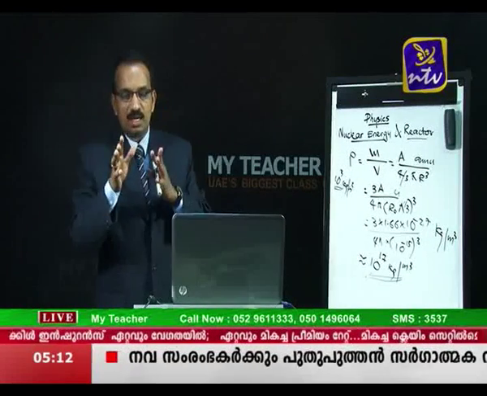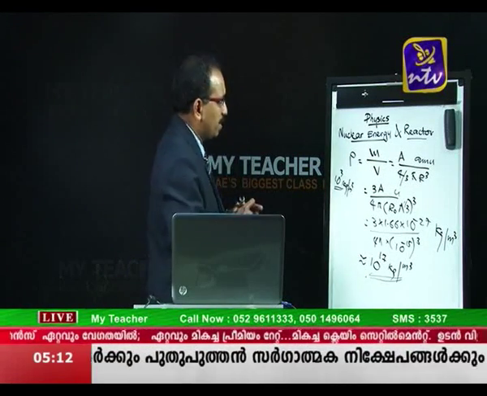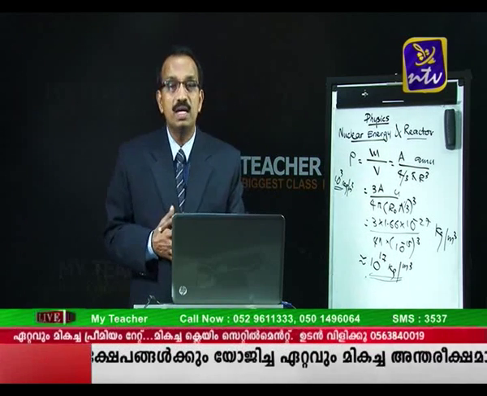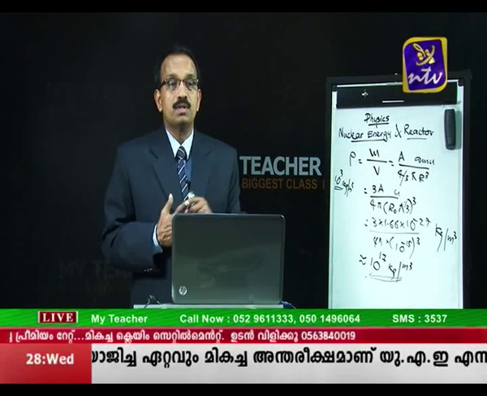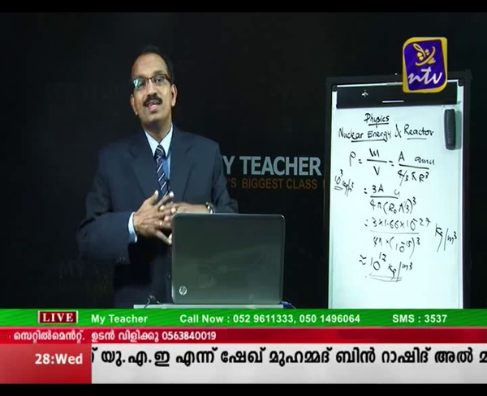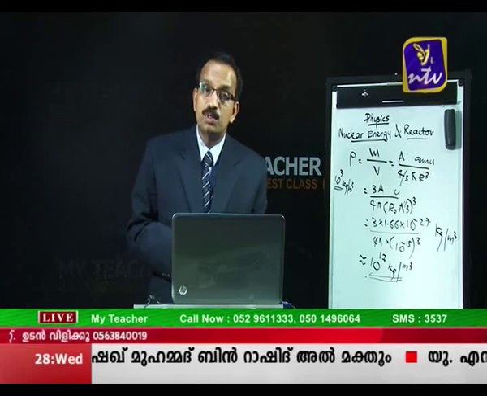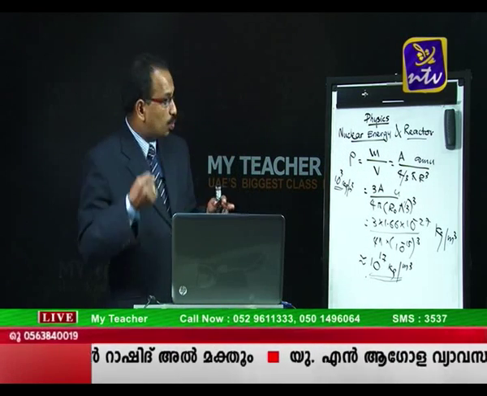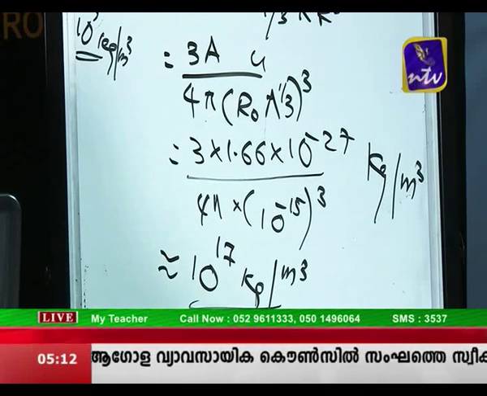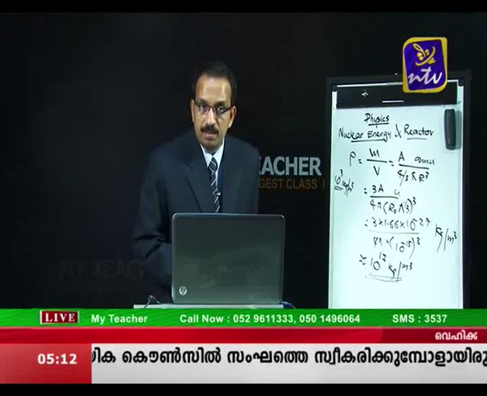The ratio of mass numbers was given as 1 is to 27, and you have to find the ratio of the densities of the nuclei. Remember, the density of the nuclei is independent of mass number, so the answer is 1 is to 1. So one aspect from this calculation is that the density of the nucleus is independent of the mass number.